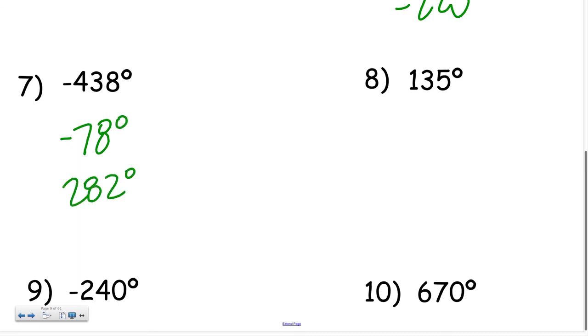So in number 7, you didn't necessarily have to add 360 anywhere because just subtracting 360 one time gave you the negative answer. So then you may have to keep subtracting 360 to get to the positive answer.